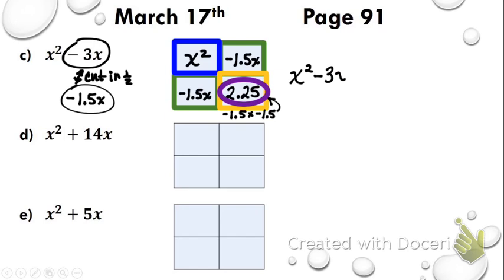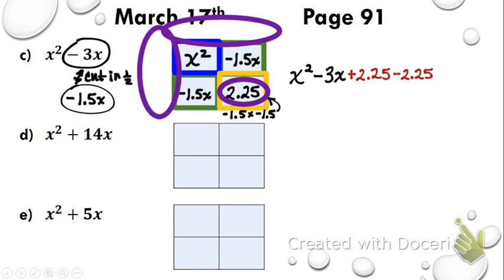I had a -3x. To finish this, I need what? Yes, plus 2.25, and then we're going to subtract it right back out again. How big are the sides? Absolutely correct. Please do D and E on your own.